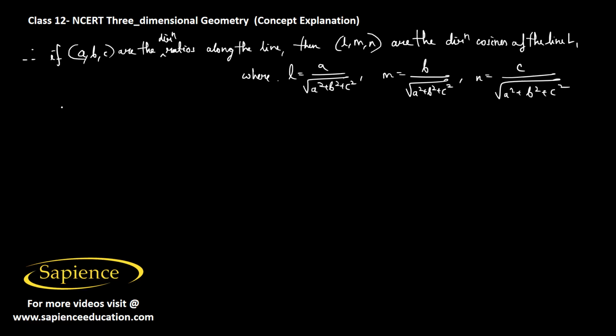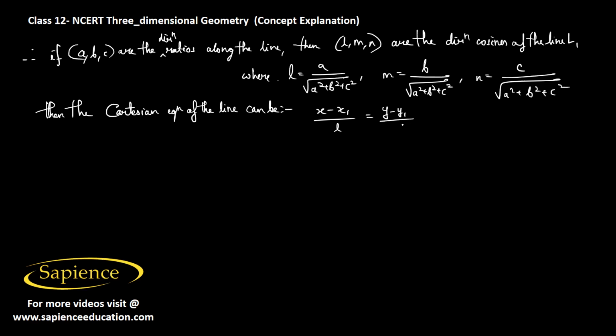So here, the Cartesian equation of the line can be given as (x minus x1) by l equals (y minus y1) by m equals (z minus z1) by n, where l, m, and n are the direction cosines along the line.